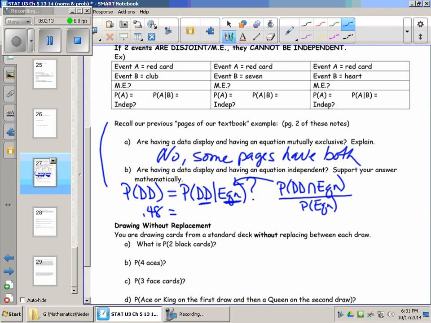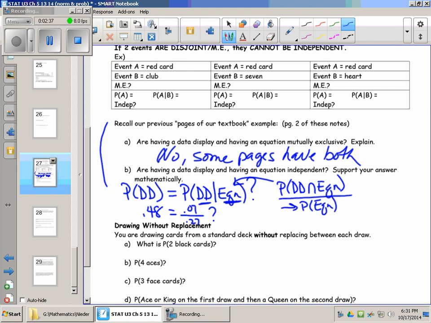So the probability, looking at our table again, that we have a data display and an equation on a page, that's having both. That's that 7%. But then we need just the probability of having an equation, and looking, that is 0.27. So are those two equal? Remember, if they are, they're independent. If not, they're not.